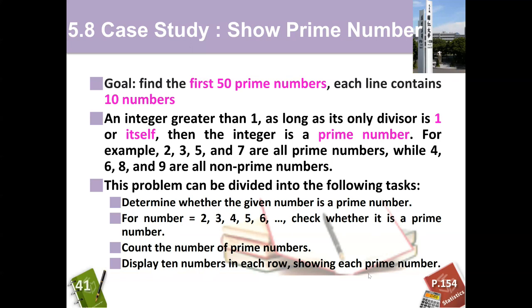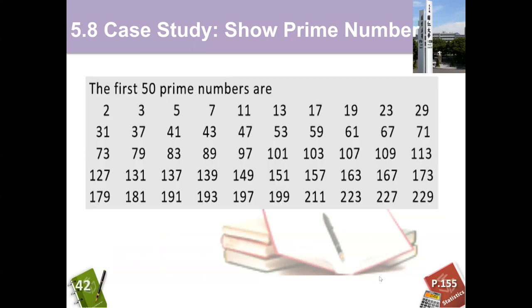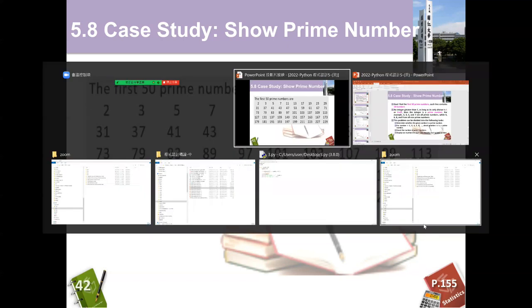The final result will look like this, and it's very clear: the first is 2 and the last is 239. Then we will check that by ourselves.